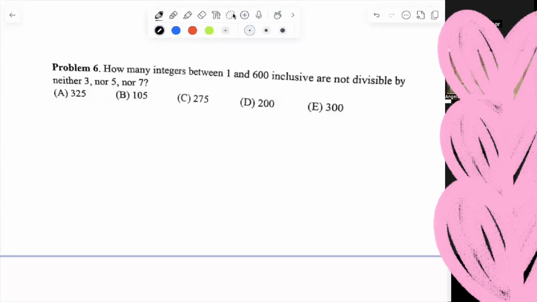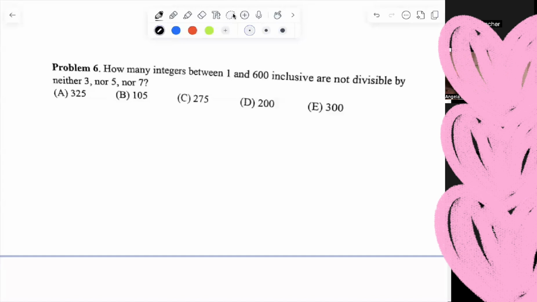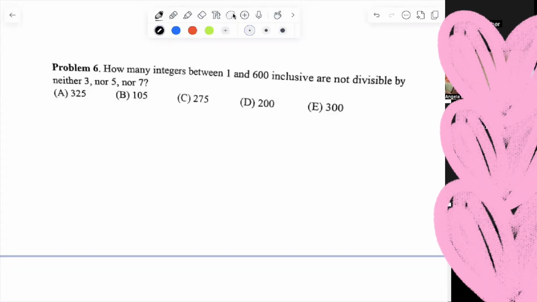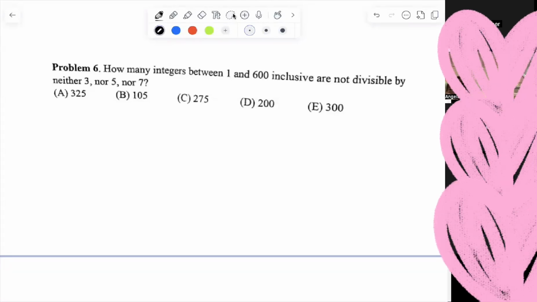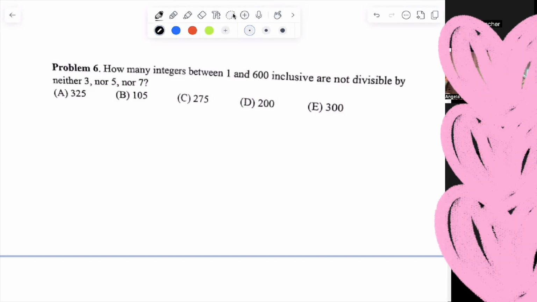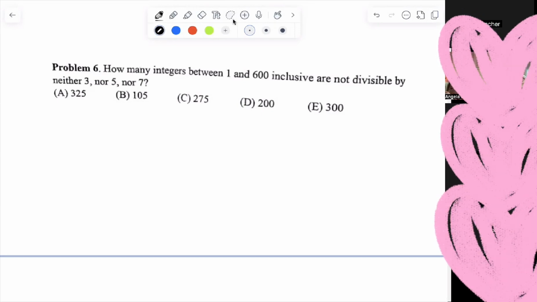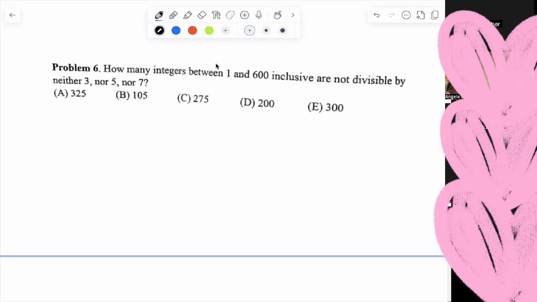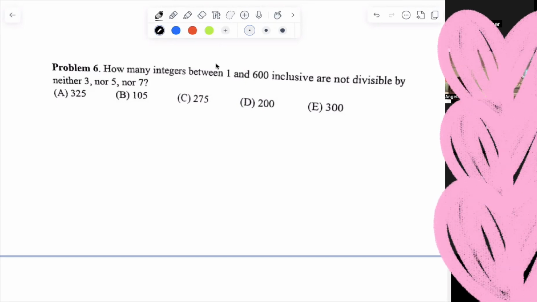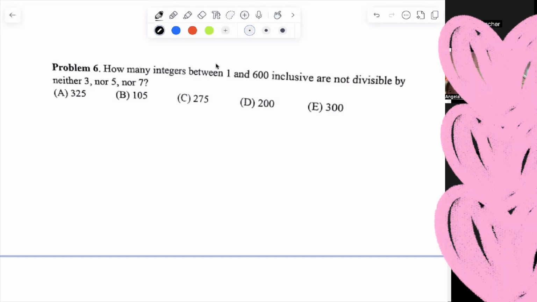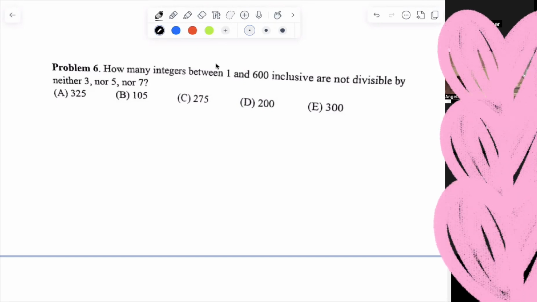All right, let's get started. So basically, this is PIE with three variables, or principle of inclusion and exclusion. So how are we supposed to do this? Note that it's going to be a large number, 600, and we need not 3, nor 5, nor 7. This is manageable.